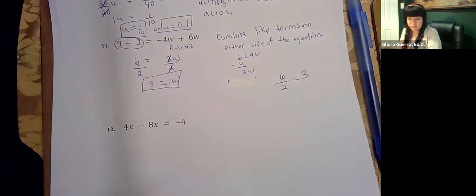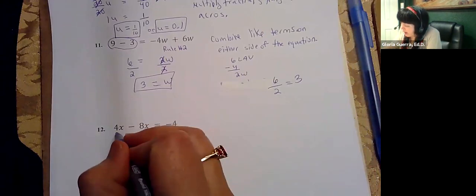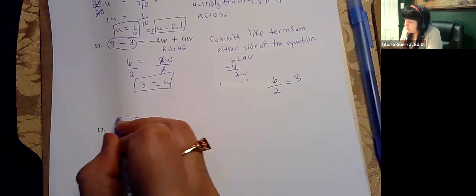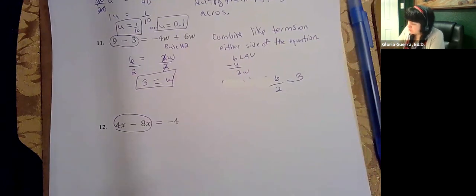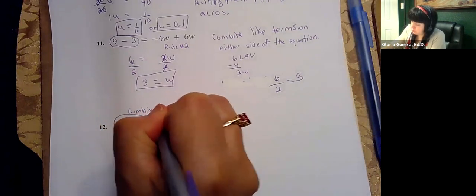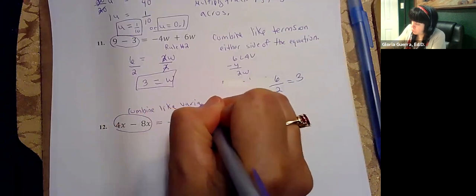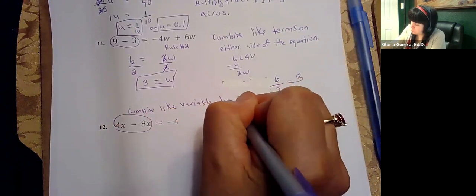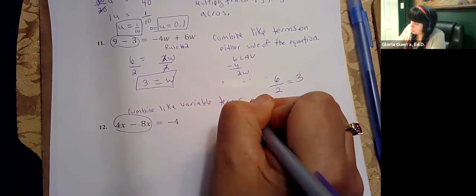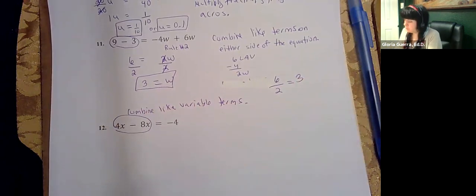And 12, I would say that you combine like terms, 4x minus 8x. So you combine like variable terms.